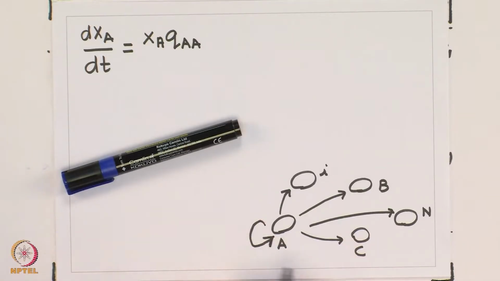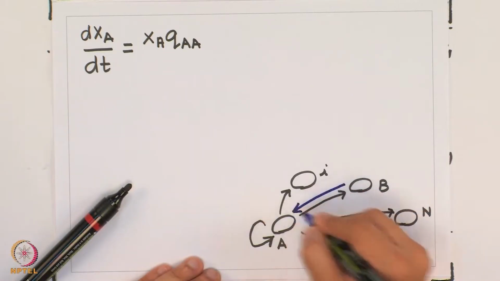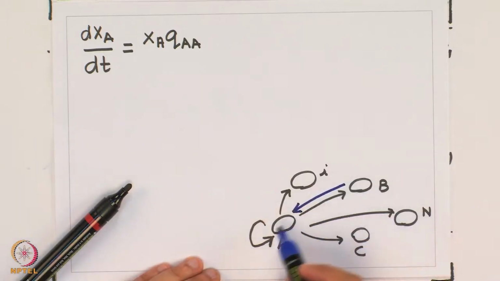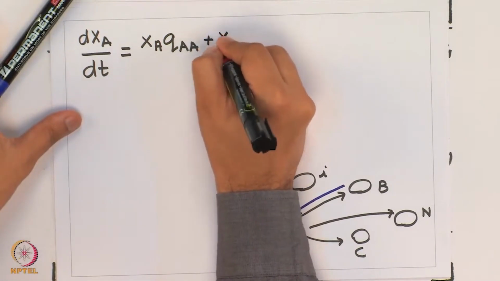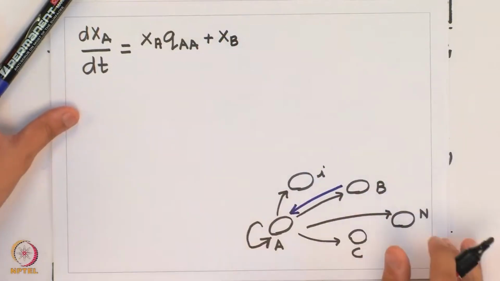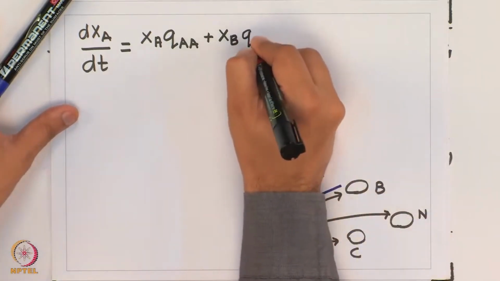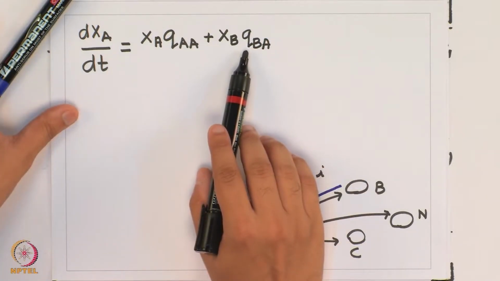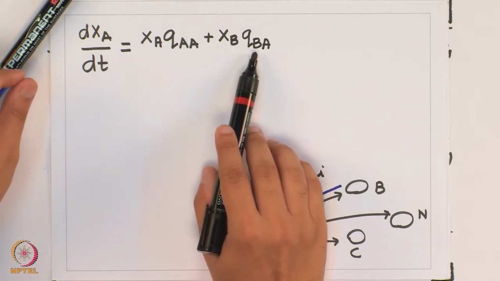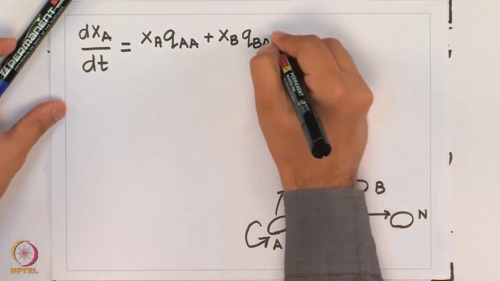Similarly, you are going to have division of progeny of genotype B, and that via mutation may sometimes lead to a progeny which belongs to genotype A, and that's going to be represented by x_B, which is the fraction of population which is of genotype B, times Q_BA, which represents what is the chance that whenever a bacterium of genotype B replicates, the progeny belongs to genotype A. And so on and so forth.